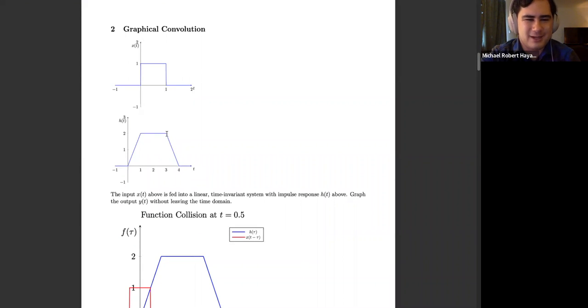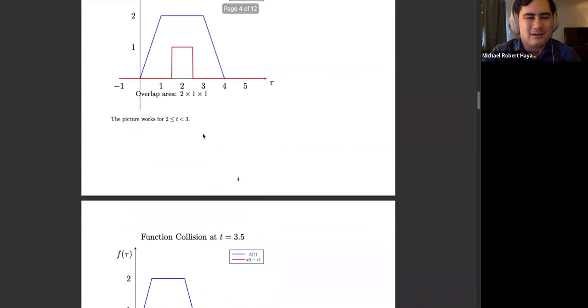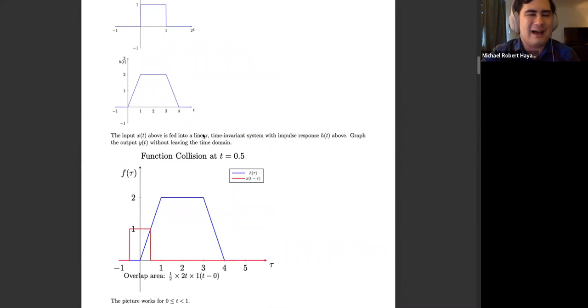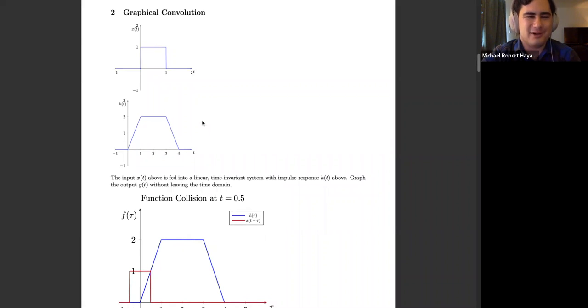If I were doing this as an exam problem, maybe I would get rid of this trailing edge right here where it goes down, and just say it ramps up and then stays flat. That might be a simpler problem to do. Because we'll find that there's basically 7 cases, 2 of which are 0, and 5 of them require graphs. So it's a little bit much. How do we know how many there are?